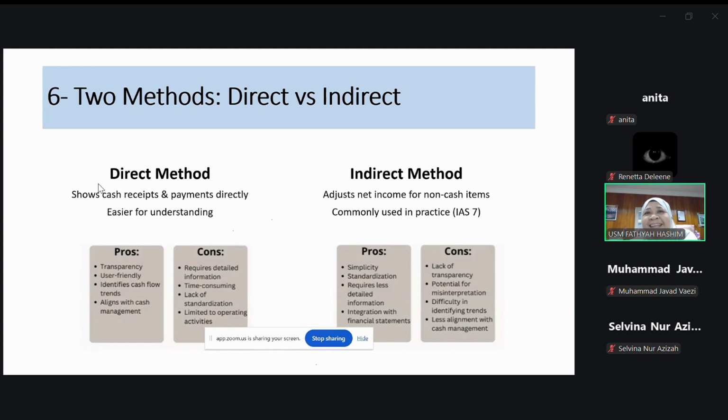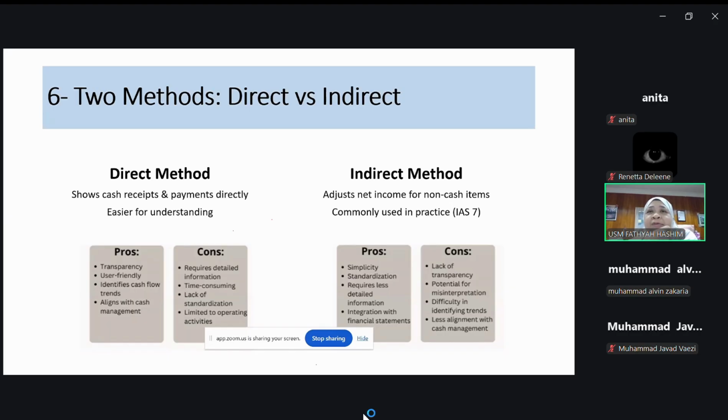Being a student, yes, perhaps the question in your tutorial or during your exam is designed to make you able to do it. But in real life, it is very tedious to come up with a cash flow statement.